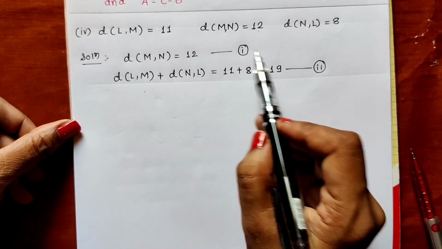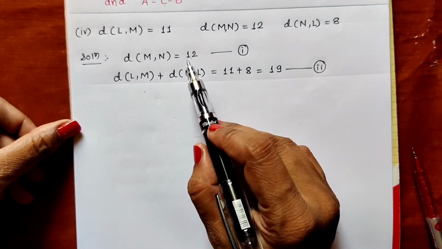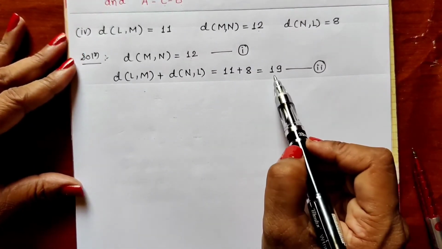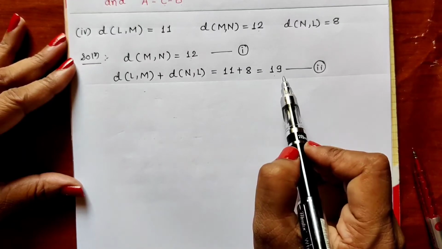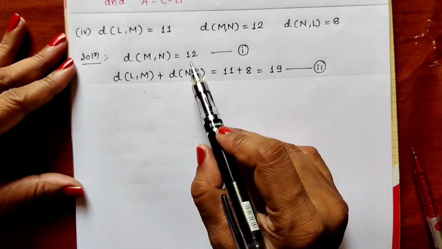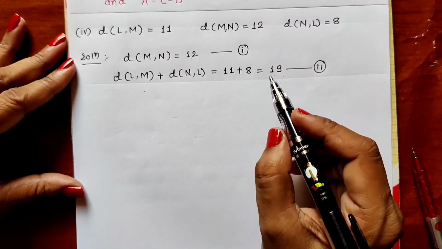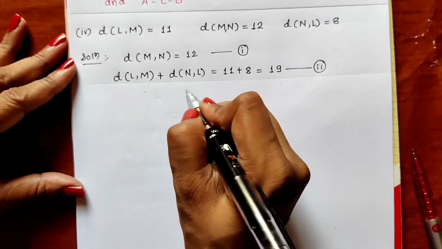When we observe equations 1 and 2, the right hand side of equation 1 is 12 and the right hand side of equation 2 is 19. 12 and 19 are not equal, and as the right hand sides are not equal, the left hand sides will also not be equal.